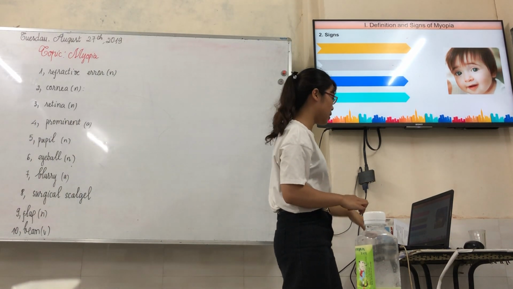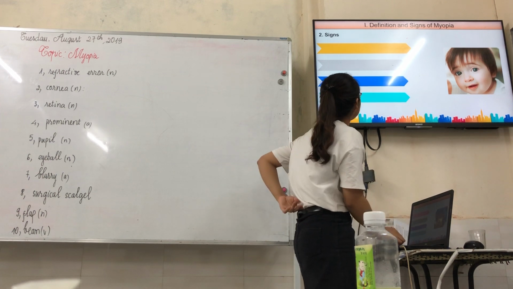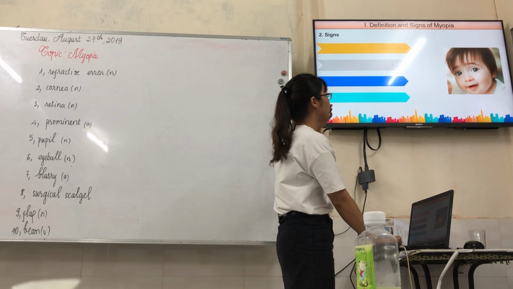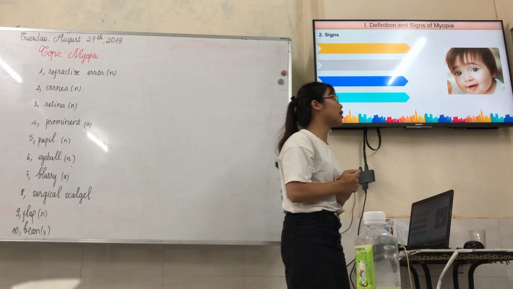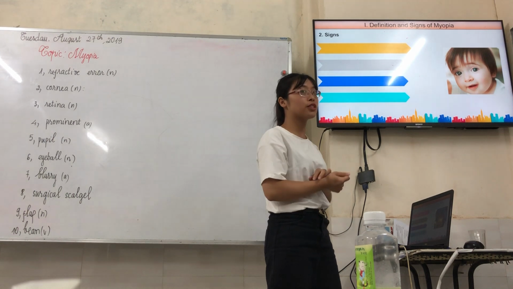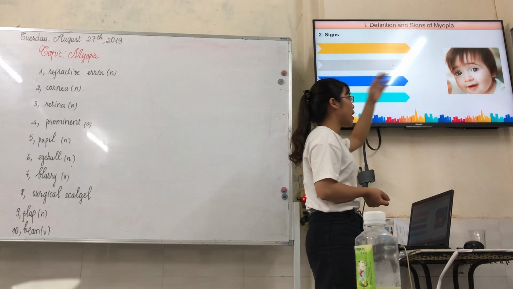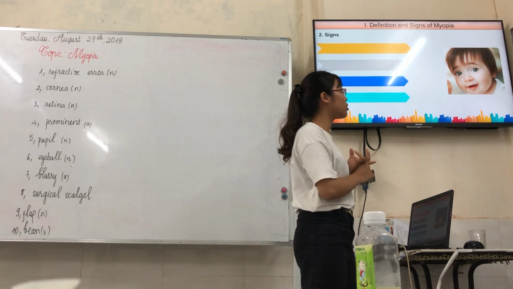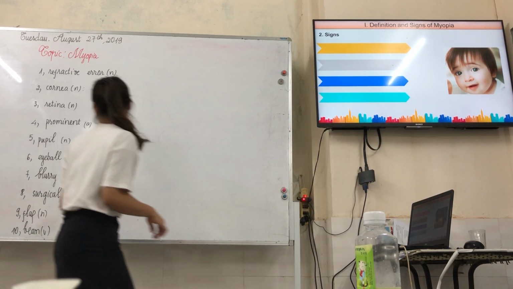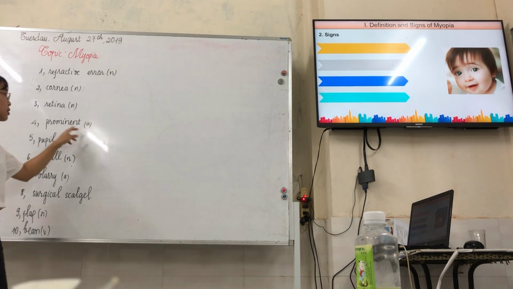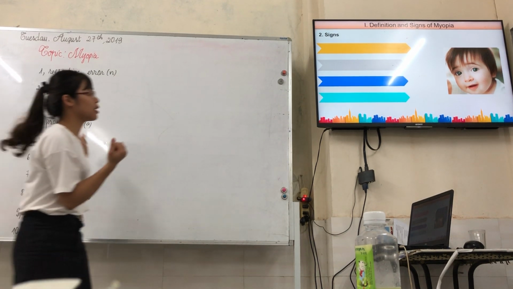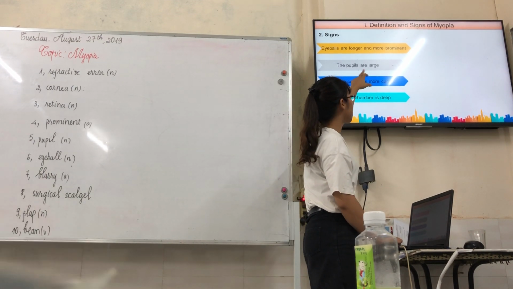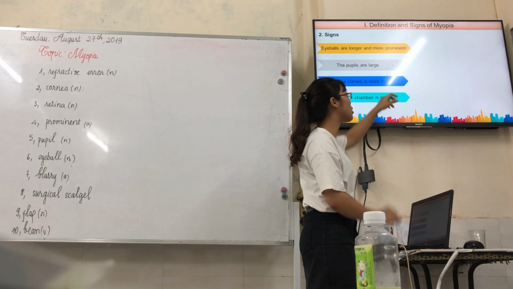There are many signs of myopia, and you can see the picture on this screen. The eyeballs are very large and big, and moreover prominent, that means nhô ra, lồi ra. Moreover, you can see that the pupils are large and the cornea is more curved.